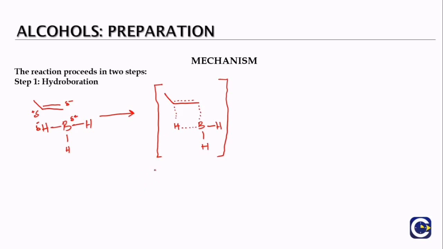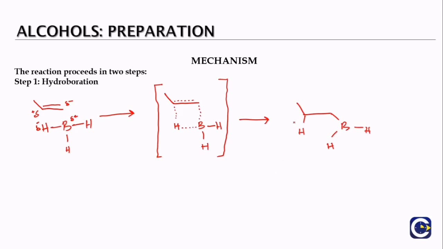And you know the transition state is a very short-lived species. It cannot be isolated. It's formed within 10 raised to the power minus 6 seconds almost, and after that the required product is formed. In this we are going to get hydrogen attached to this carbon, and we have BH2 now here.